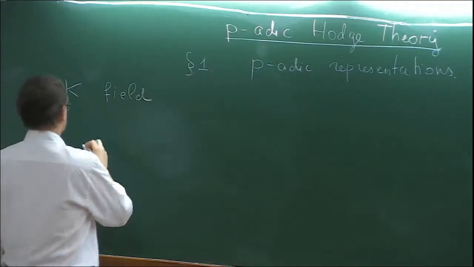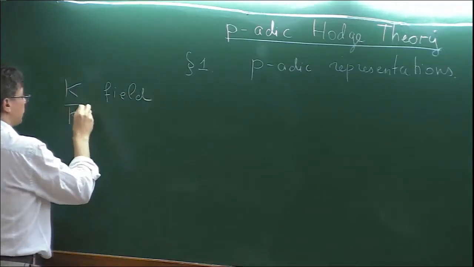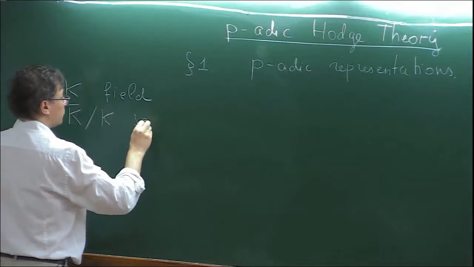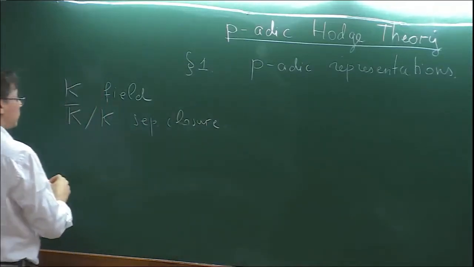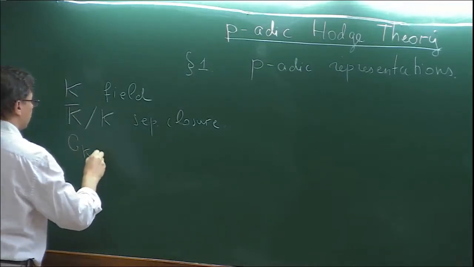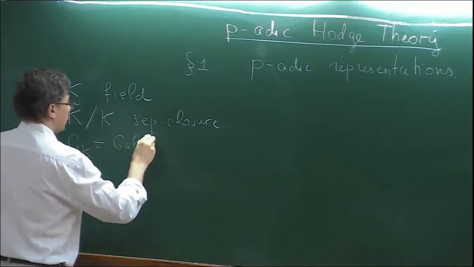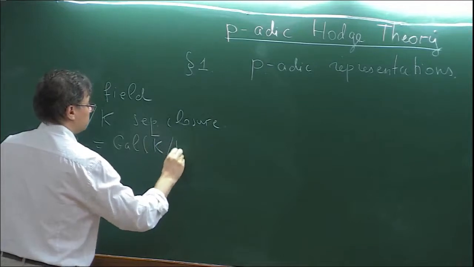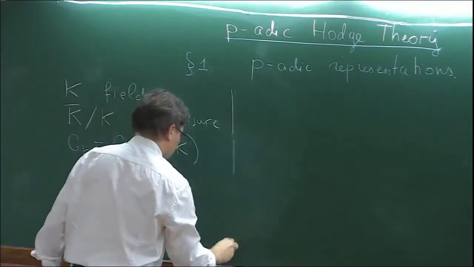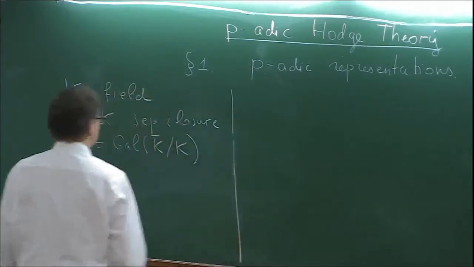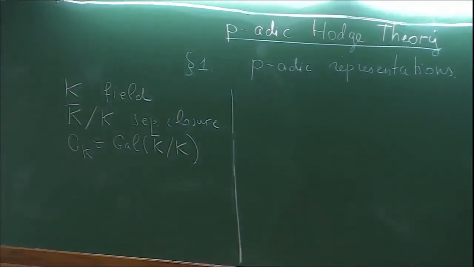We fix a separable closure K bar over K, and denote by G_K its Galois group, so the absolute Galois group of K. And let me start with l-adic representations.